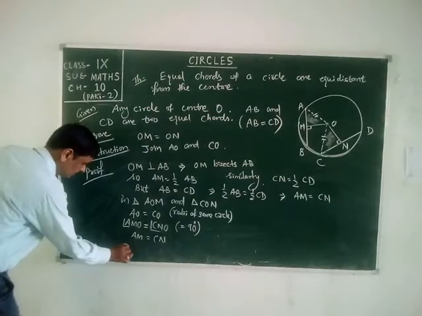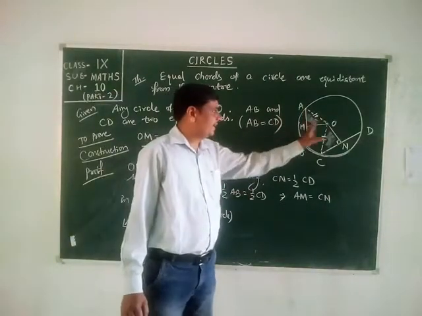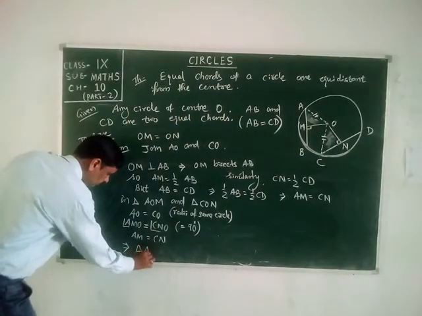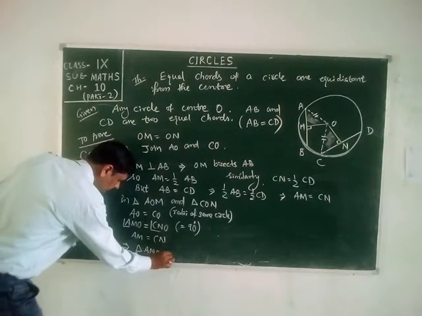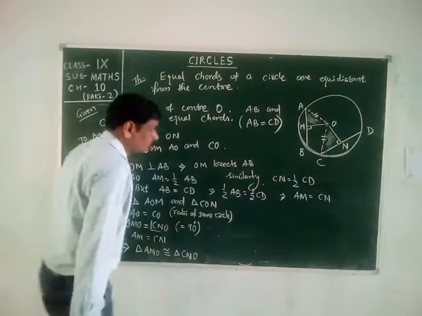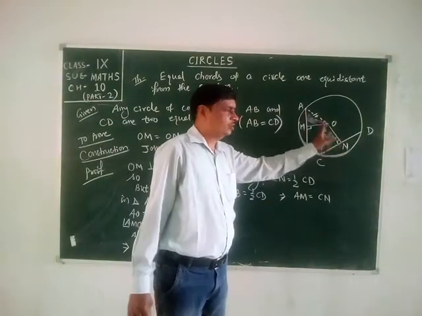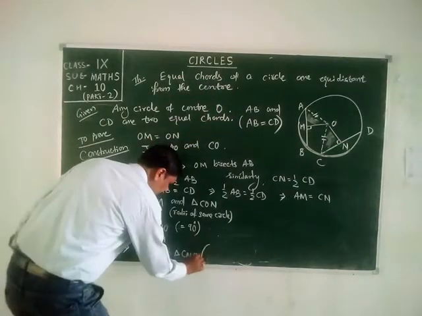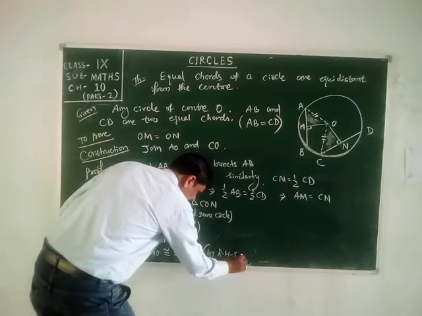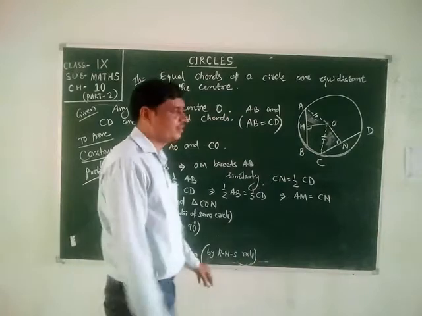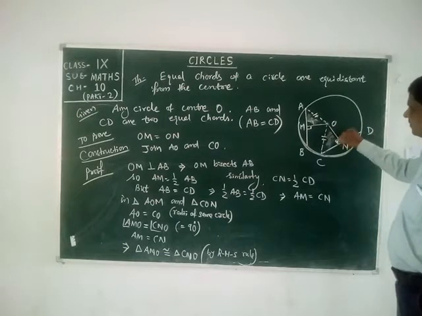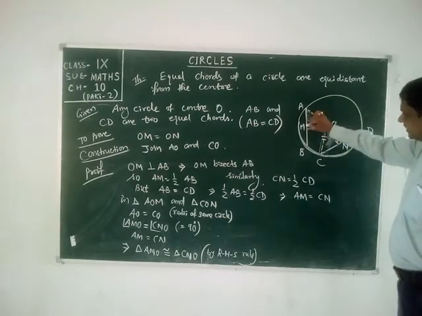This implies triangle AMO and triangle CNO both are congruent by the RHS rule. RHS, that is right angle, hypotenuse and side.